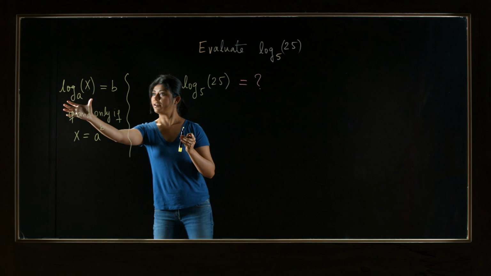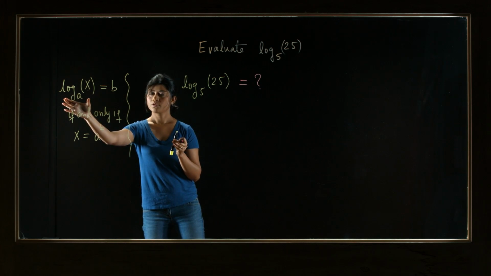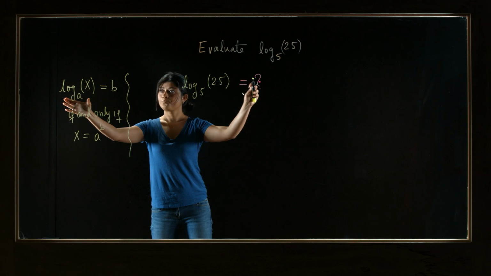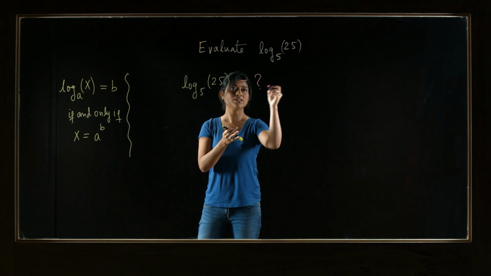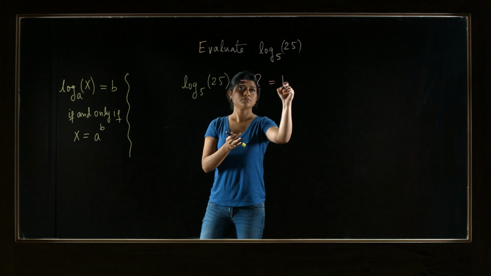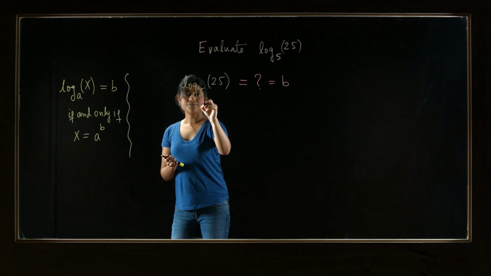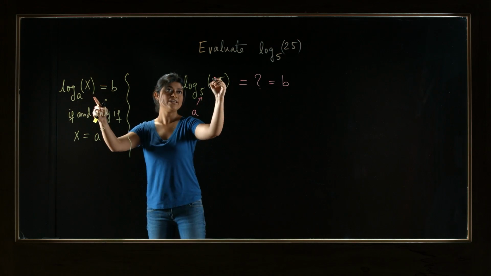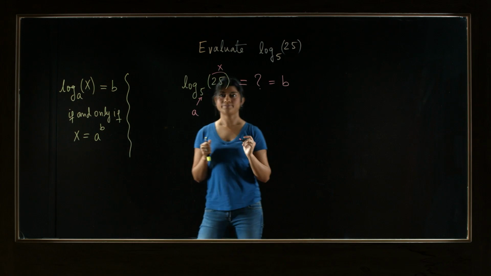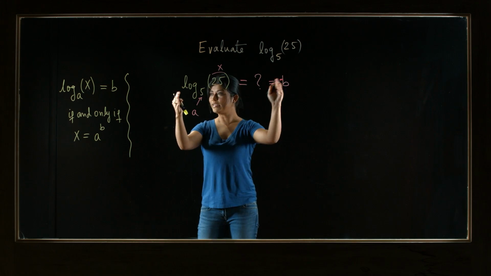Our expression looks like the left-hand side of this top equation, so we have to figure out what is on the right-hand side. Let's call that b. Now, this 5 is a, the base, and the 25 is x. So we have to figure out what is b.